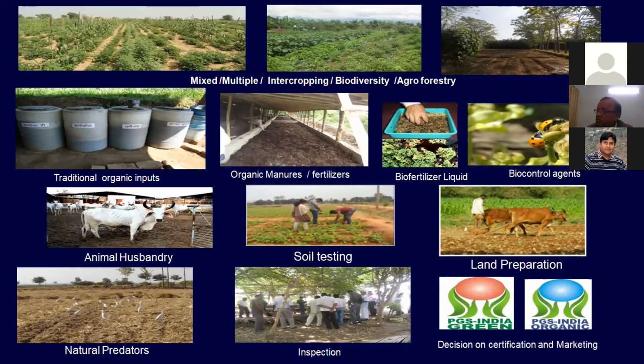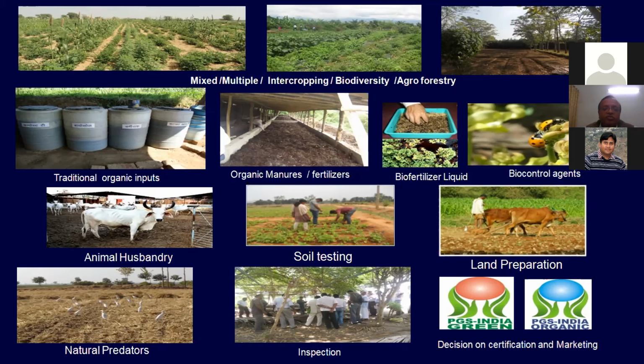As Dr. Mahesh and Manoj Singh have already explained, mixed and multiple cropping or intercropping is required for achieving the organic farming objectives. We need to supplement input through traditional agriculture inputs.